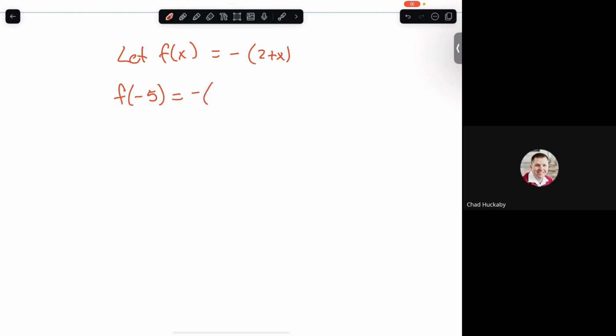So we have negative the quantity 2 plus a -5. We work inside out from the parentheses. So 2 plus a -5 is -3. And then the negative of -3 is just +3. Or -2 plus 5.